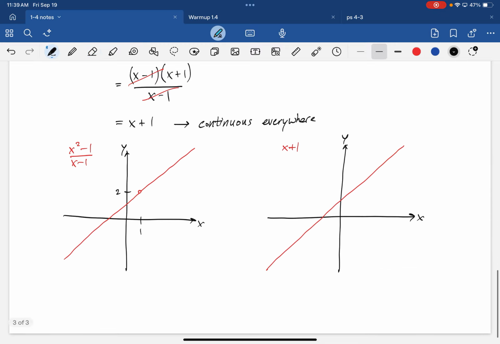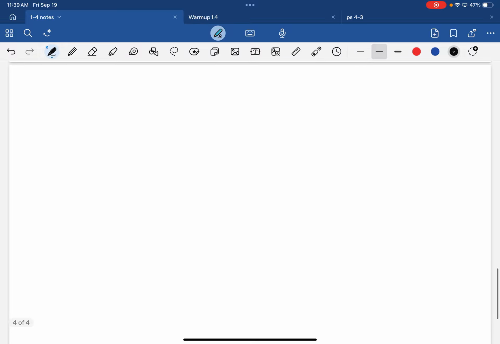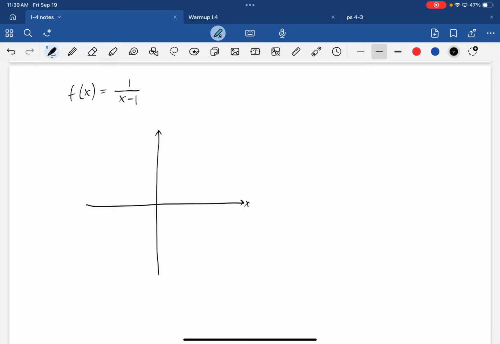Okay, an example of a function that has a non-removable discontinuity would be something like 1 over x, right? We just saw that earlier. Or let's make it more interesting, 1 over x minus 1, just to make the discontinuity at the same value of x. Okay, so if I were to graph this, I would have a vertical asymptote at x equals 1, because that makes the denominator 0, right?